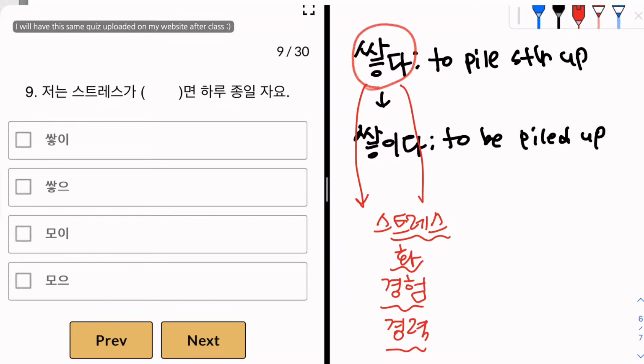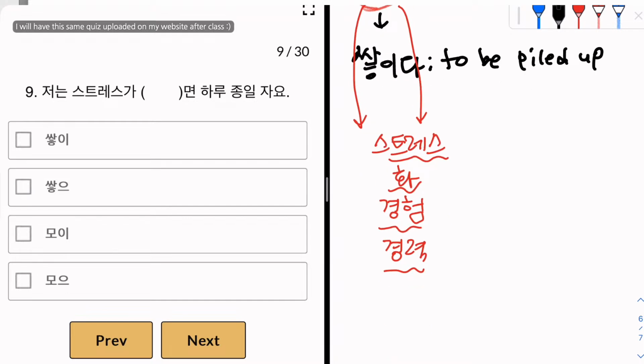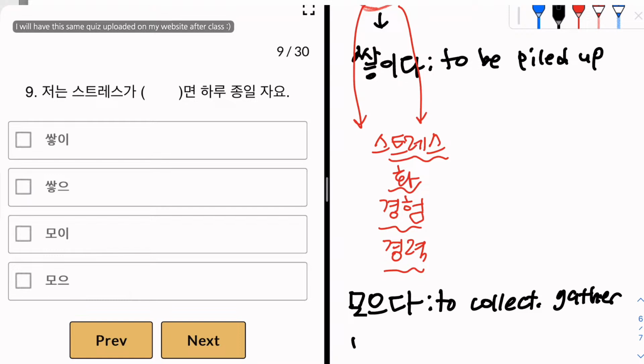It's used with 쌓다. And we also learned a word with a slightly similar meaning, which is 모으다, which means to collect, to gather. And 모으다's passive form would be 모이다, to be collected, to be gathered.